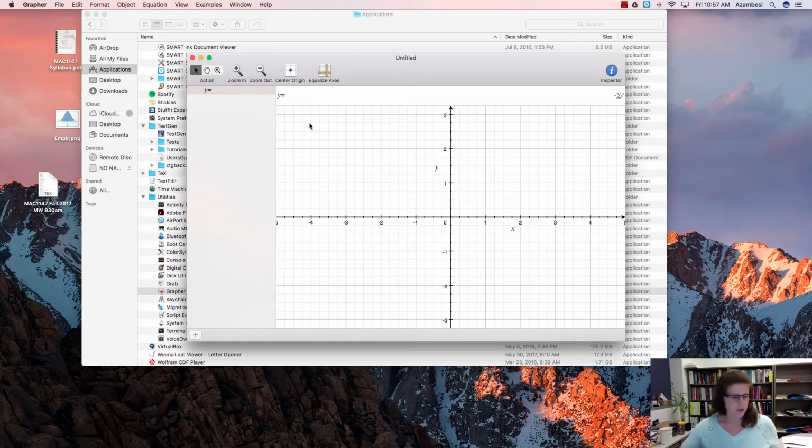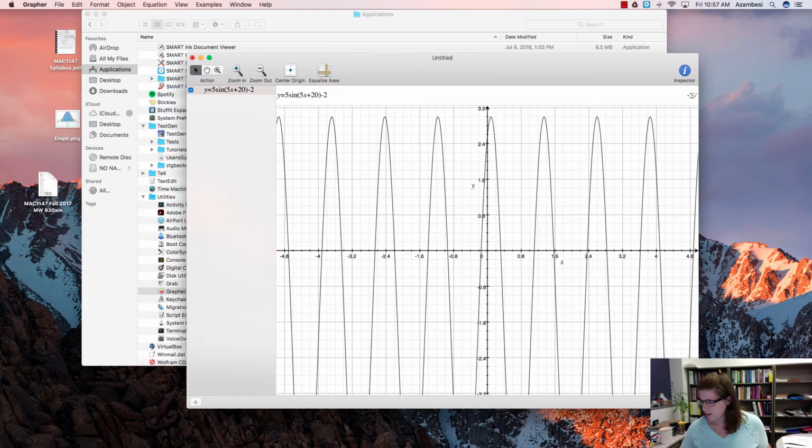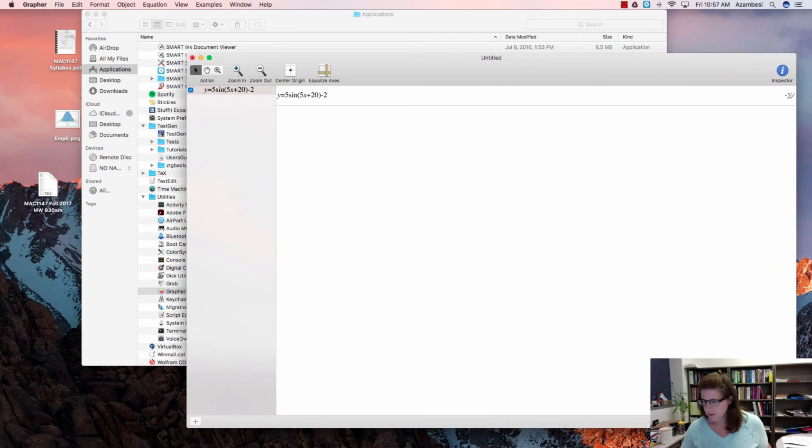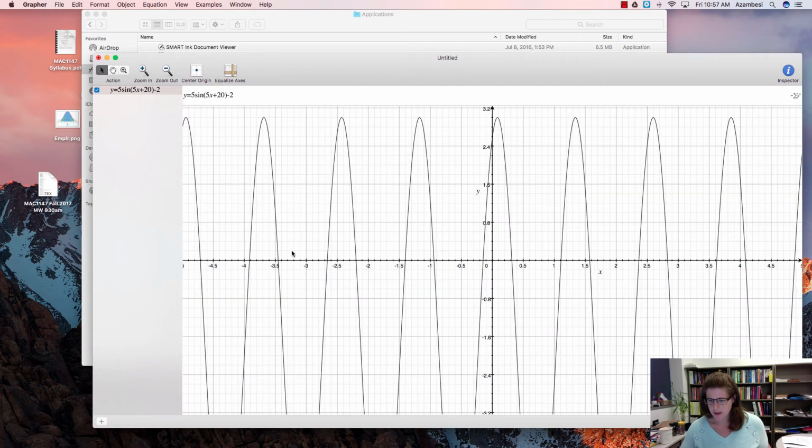All right, if I am trying to get a look at this graph, this is the graph 5 sine 5x plus 20 minus 2. If we look at it, whoo, there it is. So ours is a representation of it. But if you notice on the axis here, shifting it out, -4, we are at -2. This is our initial point here, -4, -2.